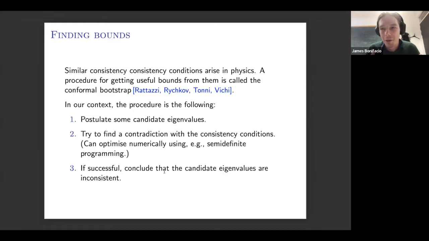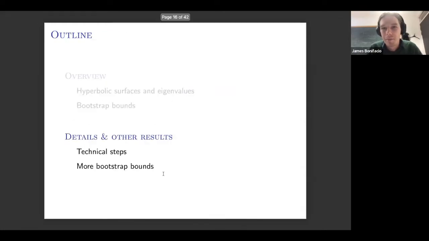And so in this mode of doing things, you can definitively rule out candidate spectra. And by using more and more consistency conditions, you can hope to find stronger and stronger bounds. That's the general idea. So that ends the overview part of the talk.